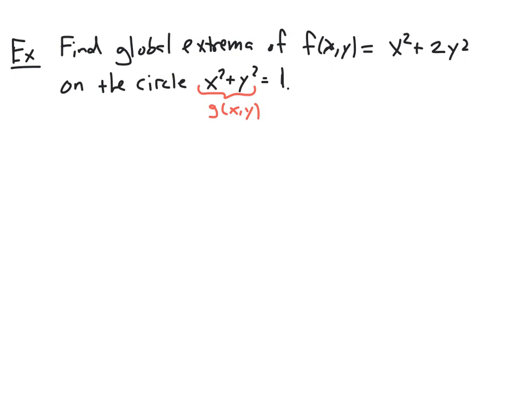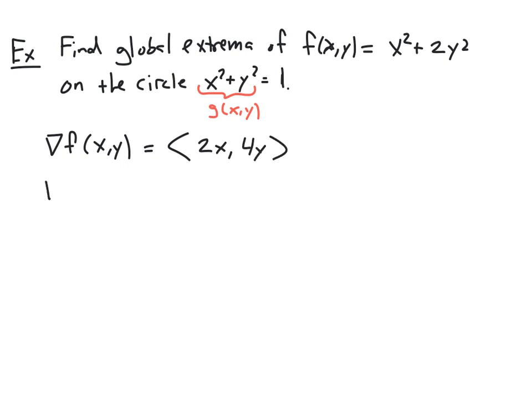So if we approach this like we just talked about, we want to compute the gradients of f and g. The gradient vector is just the partial with respect to x and y. So differentiating f with respect to x yields 2x, and with respect to y yields 4y.